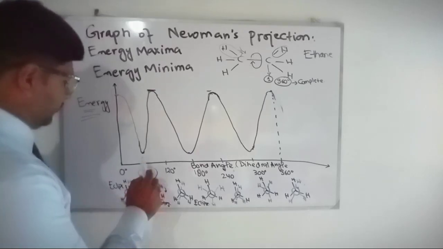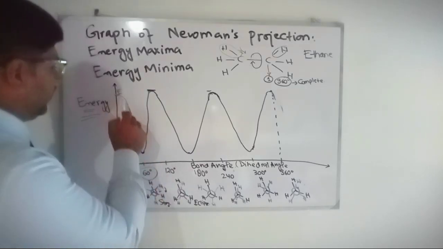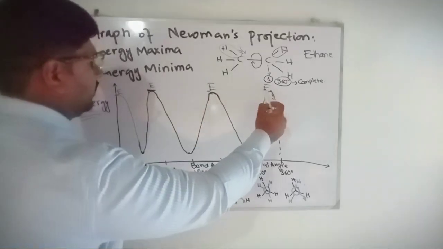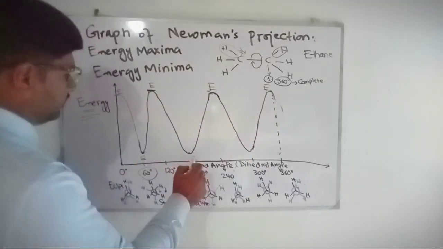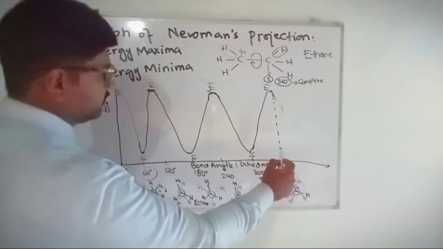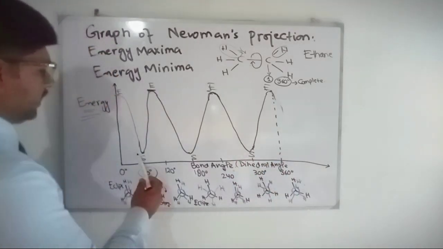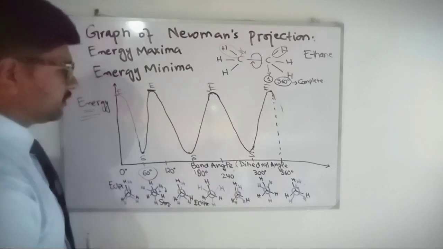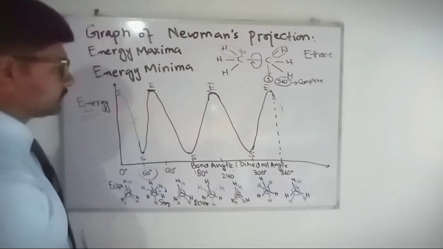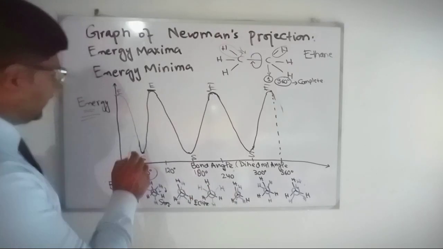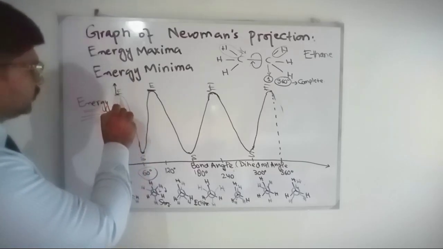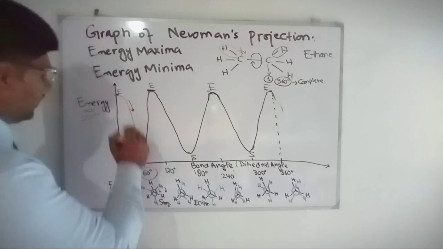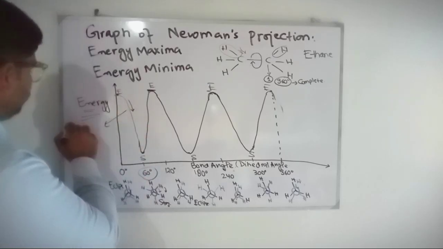Every eclipsed conformation, for example, here we have eclipsed, here we have eclipsed, eclipsed, eclipsed, and staggered, staggered, staggered. So we have three staggered conformations and they have four eclipsed conformations. So what is the reason that the molecule loses its energy? The reason is simple, that in the eclipsed conformation there are two factors.